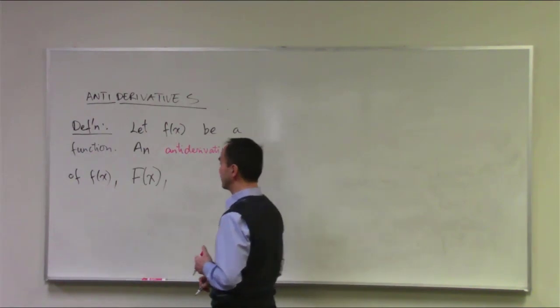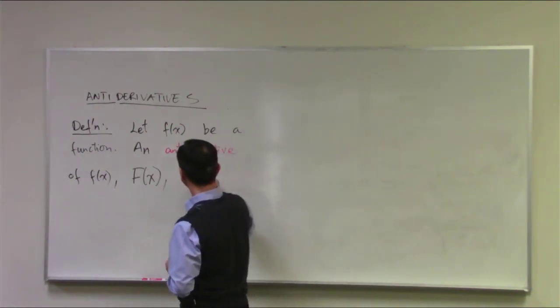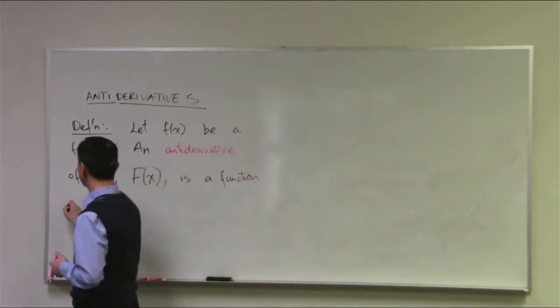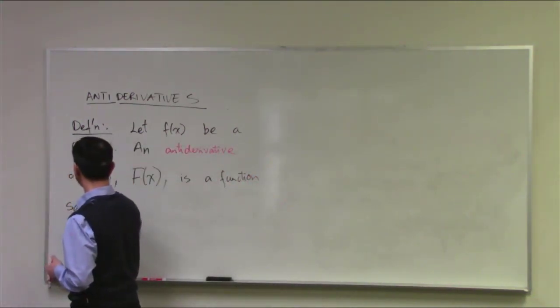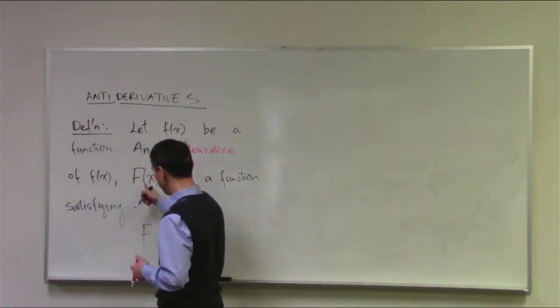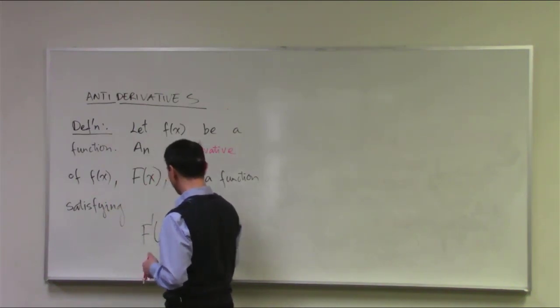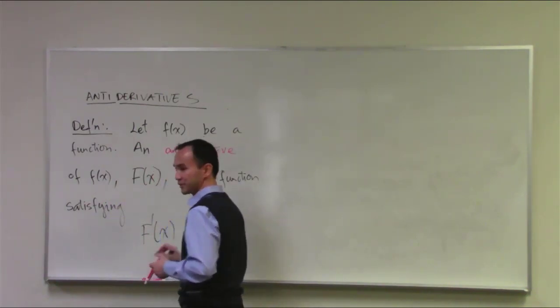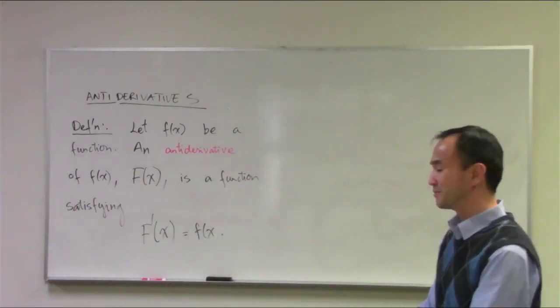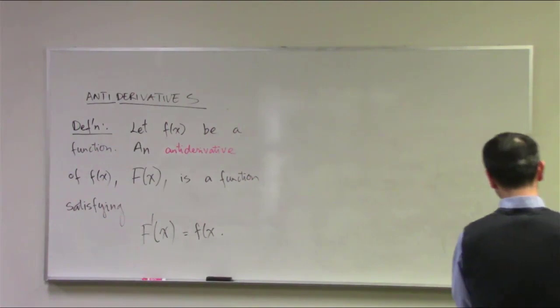An antiderivative of f of x is a function satisfying, we just want to find that big F, so that the derivative of big F equals f. That's what matters. That's how we'll be finding it. Okay? So yes, go ahead and spend some time writing it down right there.